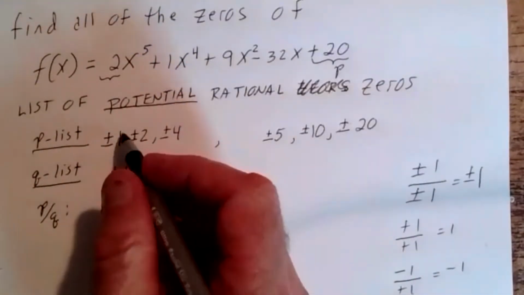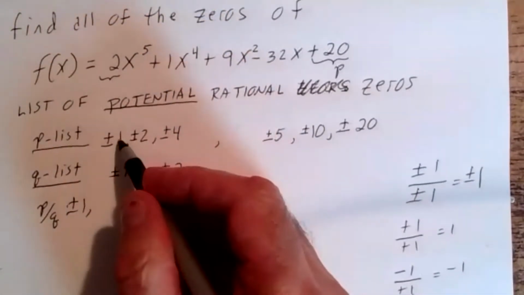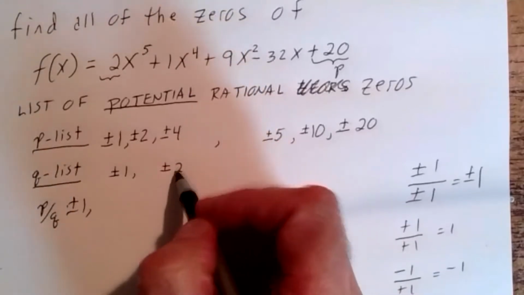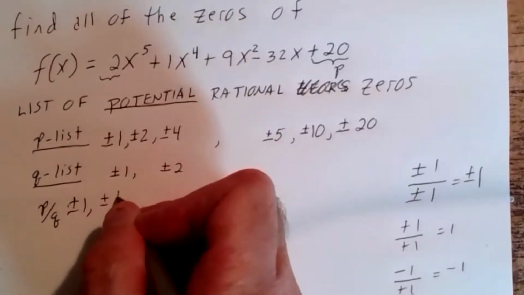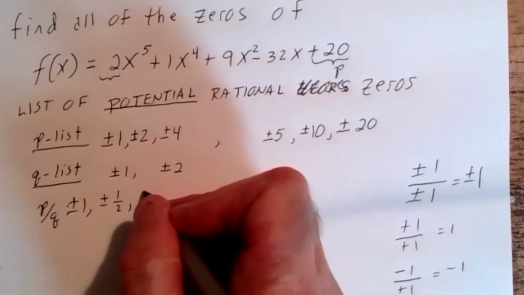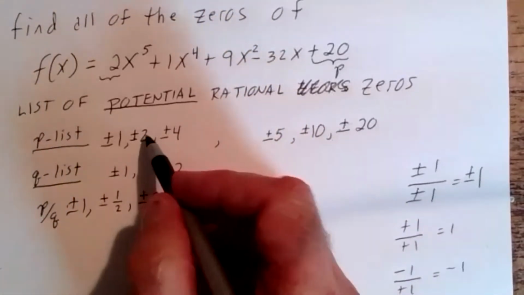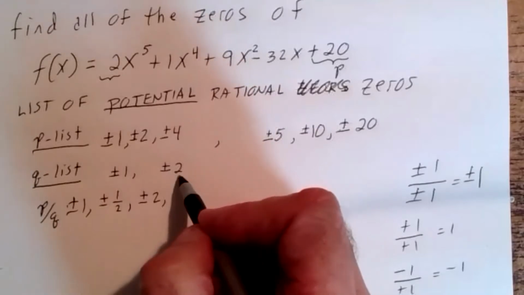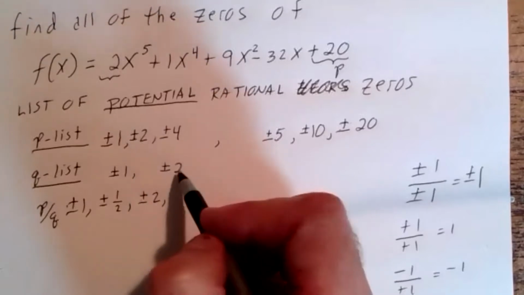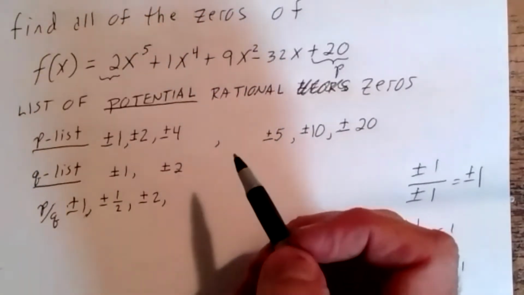So positive negative 1 divided by positive negative 1 is positive negative 1. Positive negative 1 divided by positive negative 2 would give us positive negative 1/2. Positive negative 2 divided by positive negative 1 is positive negative 2. Positive negative 2 divided by positive negative 2 is positive negative 1, which we already accounted for, so you don't have to list it again.